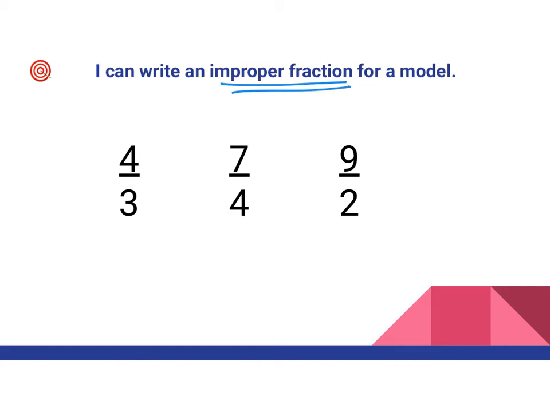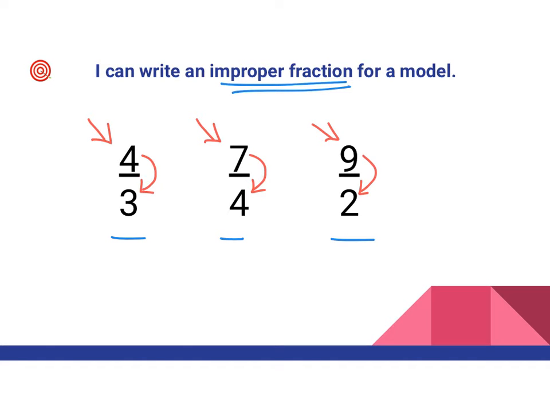When you look at these three fractions, 4/3, 7/4, and 9/2, what do you notice? Did you happen to notice that all of these numerators are larger than their denominator?